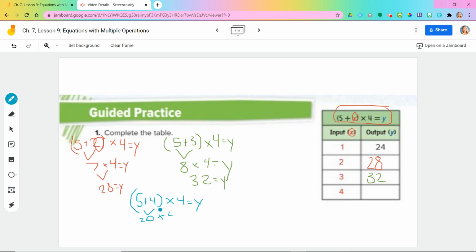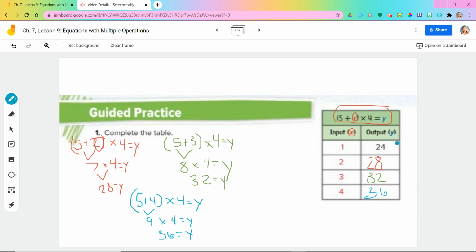Look, do not make this mistake. I had people do this all day today, and I think it has rubbed off. 5 plus 4, do not multiply. 5 plus 4 is 9. 9 times 4 is 36. So when x is 4, y is 36.